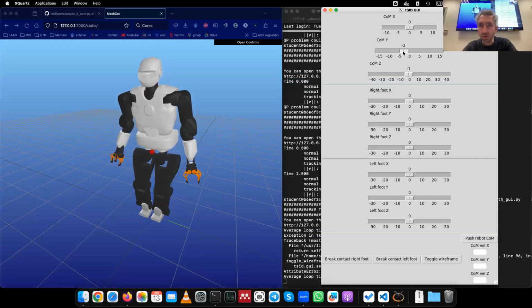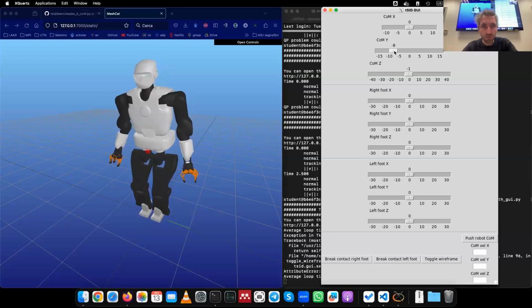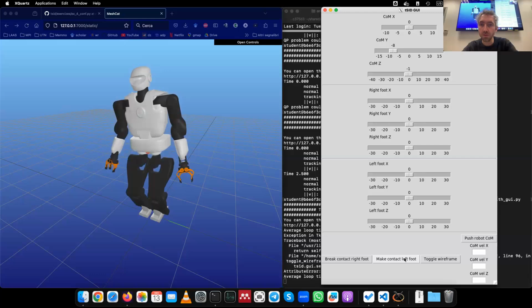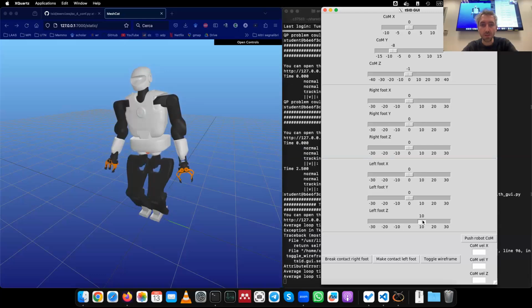And you can even, if you move the center of mass once to the side. So for instance, now I moved it to the right foot. So I can break the contact on the left foot. I can make the left foot rise.